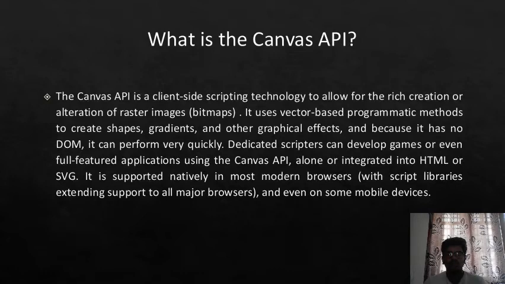Dedicated scripters can develop games or even fully featured applications using the Canvas API, alone or integrated into HTML or SVG. It is supported natively in most modern browsers, with script libraries extending support to all major browsers and even some mobile devices.